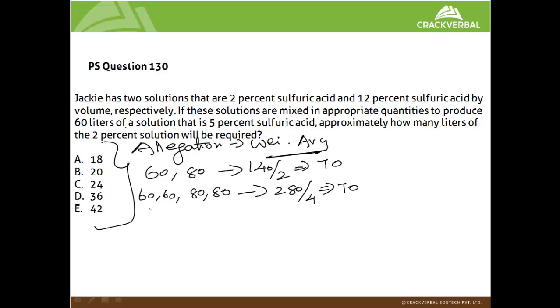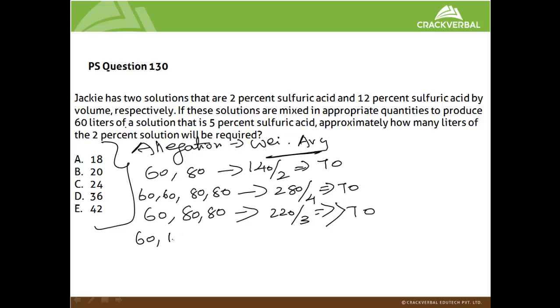But if we have a lesser number of 60s, say one 60 but two 80s, then the average would be 220 divided by 3, which is more than 70. That is, when we have more 80s, the average will tilt closer to 80.